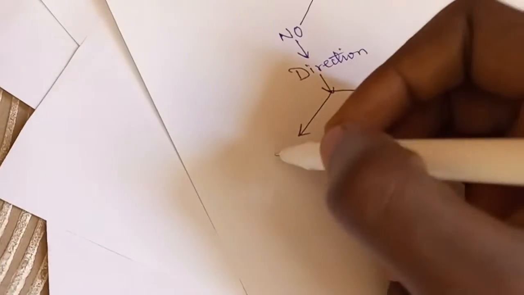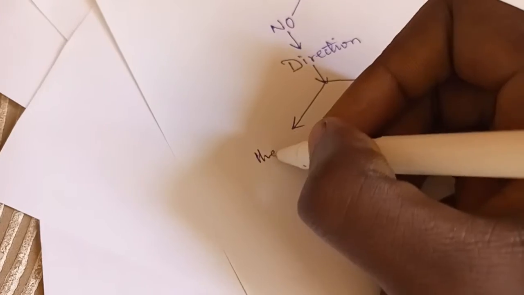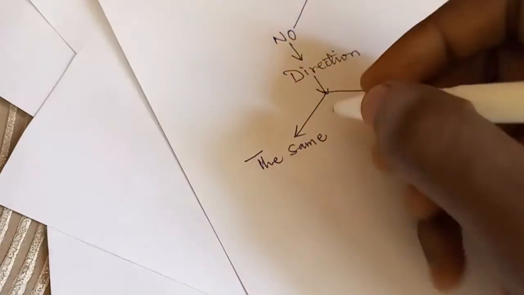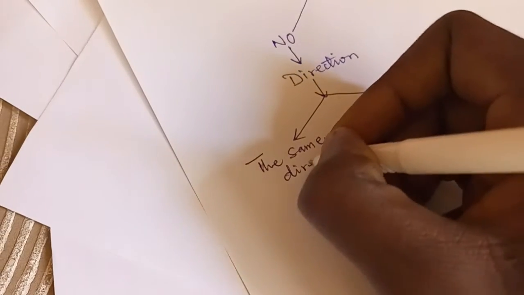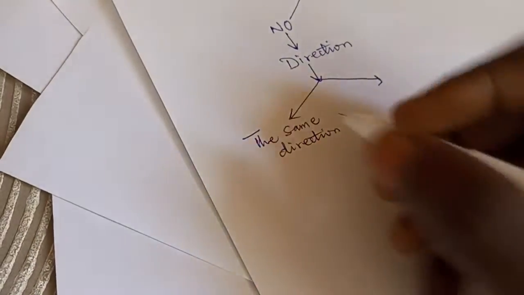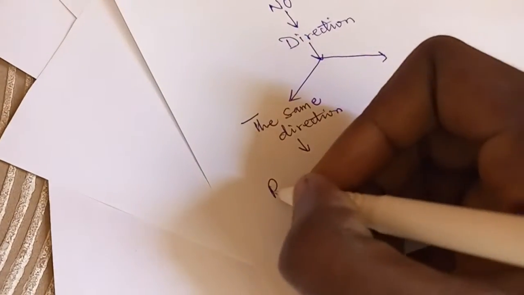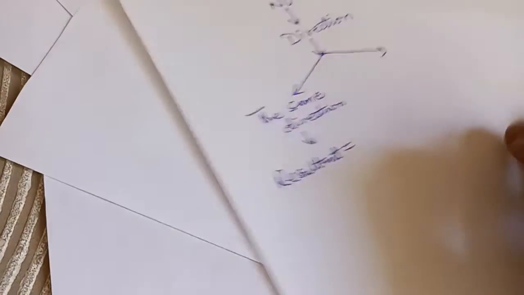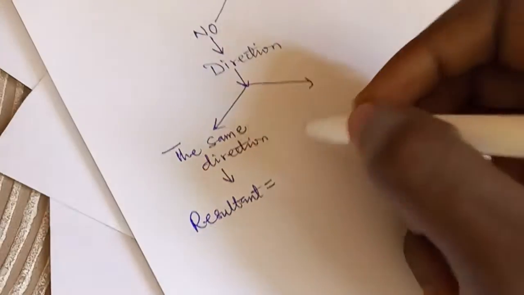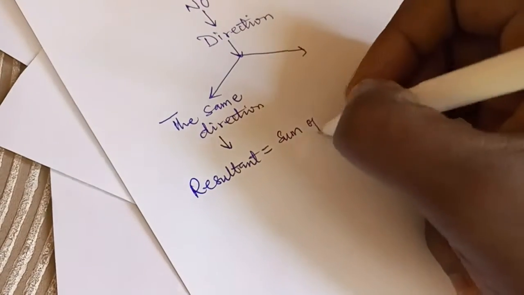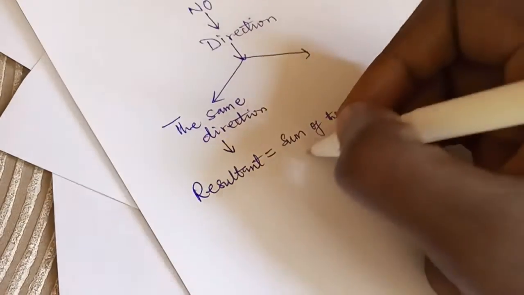If they are traveling in the same direction, the two vectors have the same direction, then the resultant is equal to the sum of the two vectors. It is equal to the sum of the vectors.